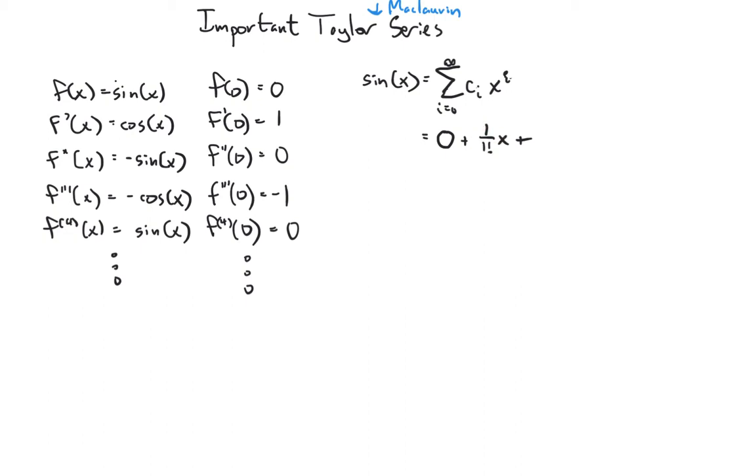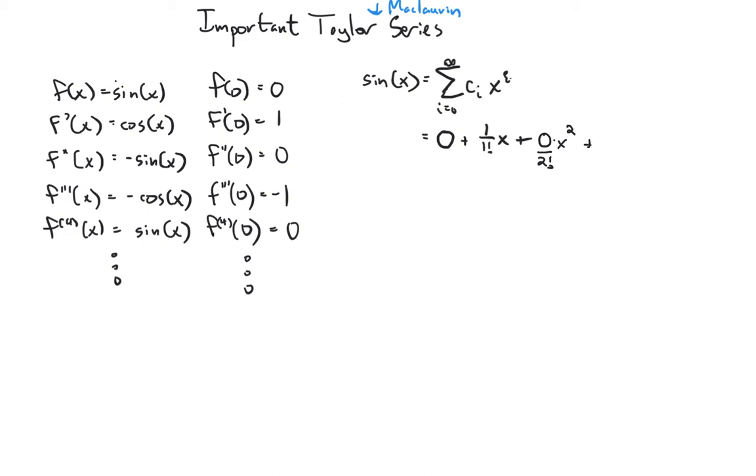So that's C1 times x. Then what do we have times x squared? Well, we have the second derivative evaluated at 0, which is 0. So that term is going to disappear. I'm going to write it as 0 times 2 factorial times x squared.